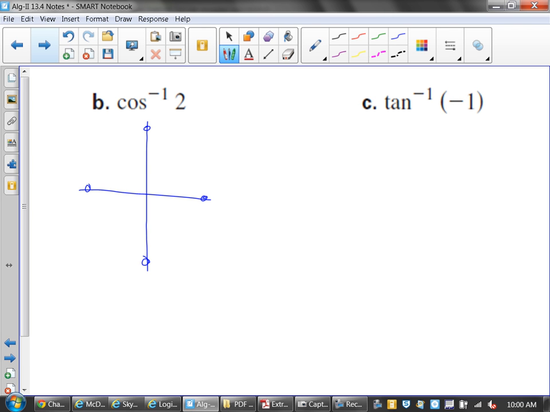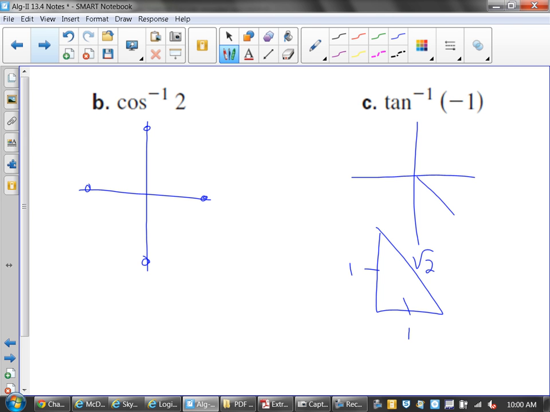Okay. Tangent, negative 1. You remember the trick with tangents when they were equal to 1 or negative 1? What triangle was it? It was 45s, right? Tangents were 45s because those sides were the same. And it's the fourth quadrant, because for tangents we're looking in the first or fourth.